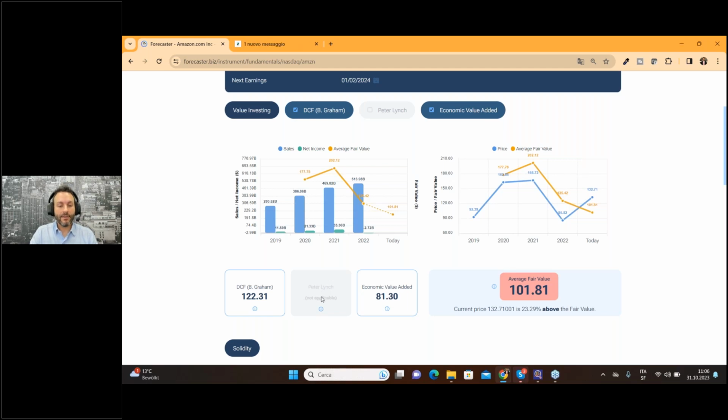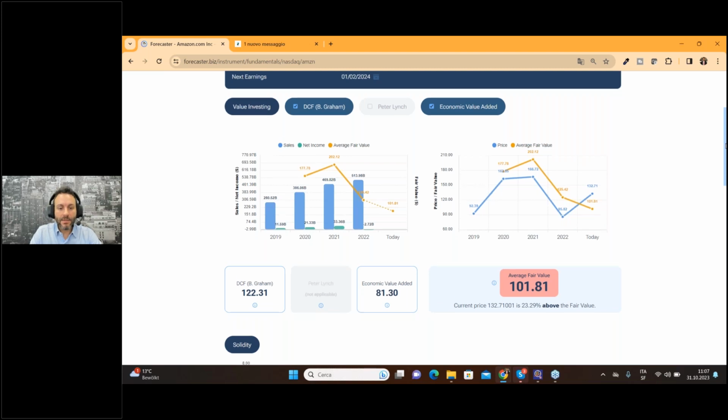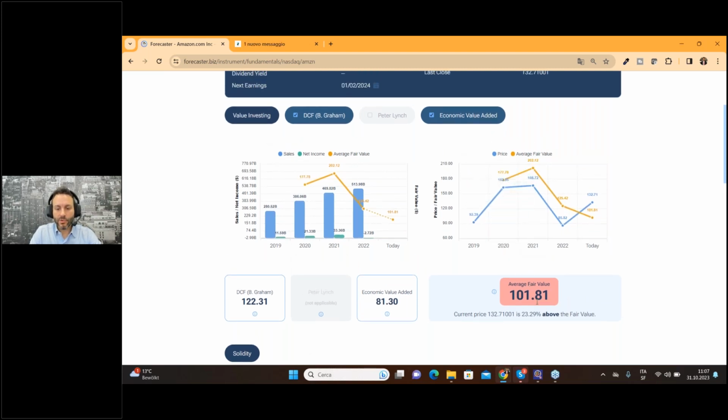And if we go and see in the last financial year, the PE is negative because it had a negative net income, so clearly we have a result that would return a negative result.